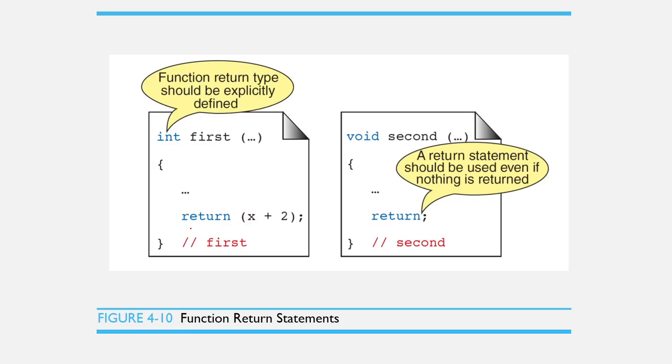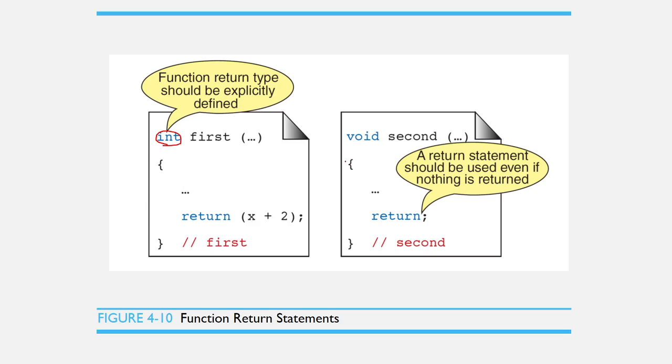Now the function return statements. We have here an integer which specifies the function return type, which should be explicitly defined if you are returning a value of type integer.